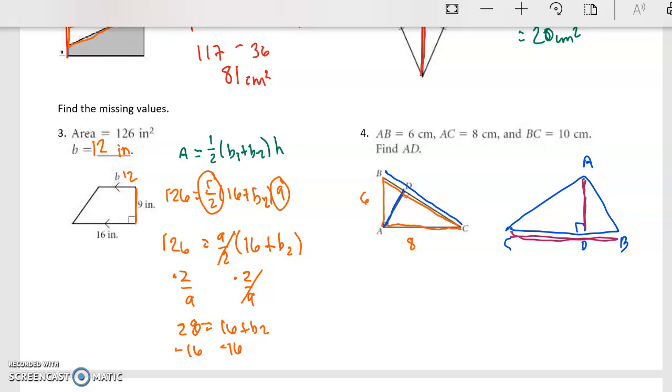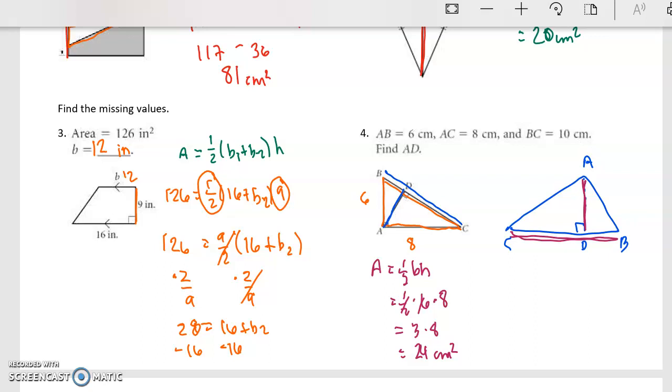So to find the length of AD, what we're first going to have to do is find the area of triangle ABC, which is 1/2 BH. So it's 1/2 times 6 times 8. Half of 6 is 3, and 3 times 8 is 24 square centimeters. Now we know that the area of the triangle is going to be the same no matter which way we turn the triangle, or remember we could chop up the triangle and we could rearrange it.